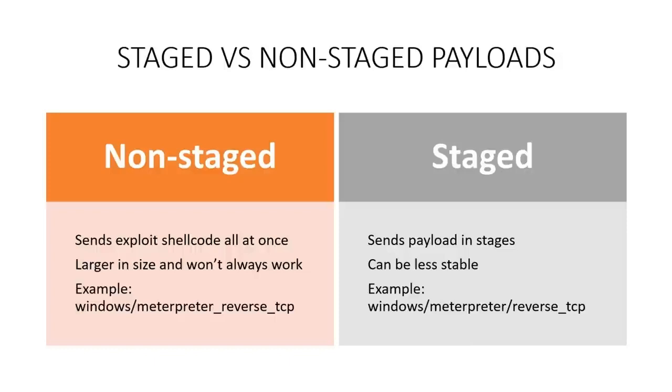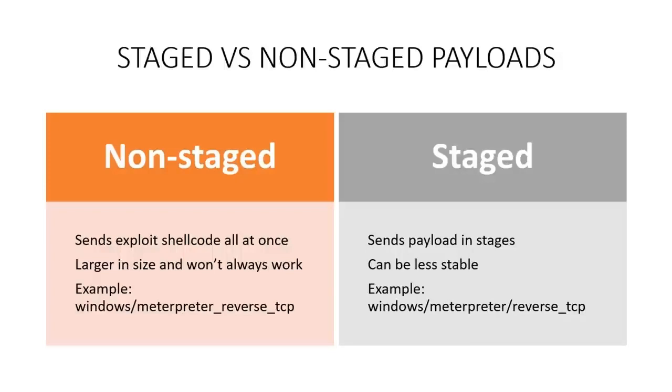Now, it's going to make more sense as we go. It's okay if you're still a little bit confused on all of this. There are two main types of payloads that we need to pay attention to. There is what we call non-staged and what we call staged. Now, a non-staged payload sends the exploit shellcode all at once, where a staged payload sends it in stages.